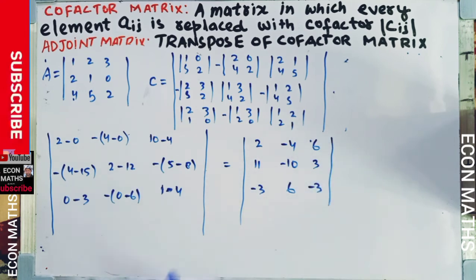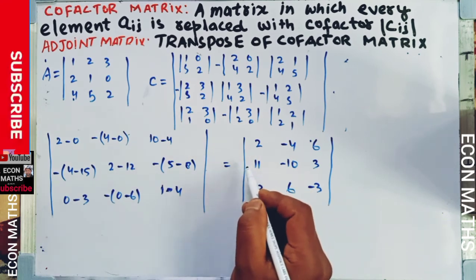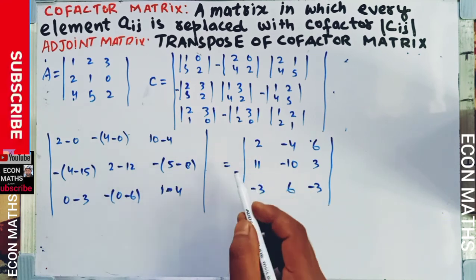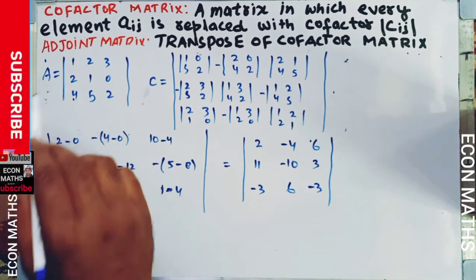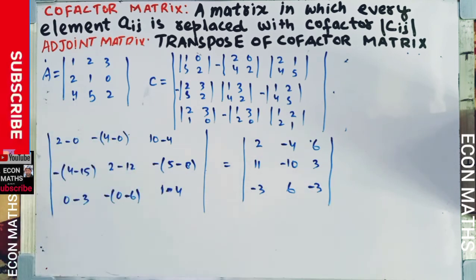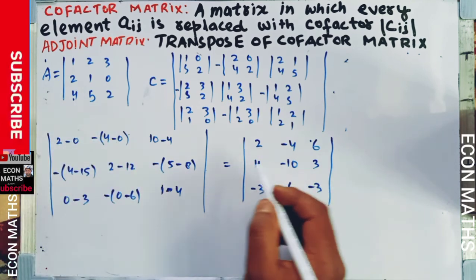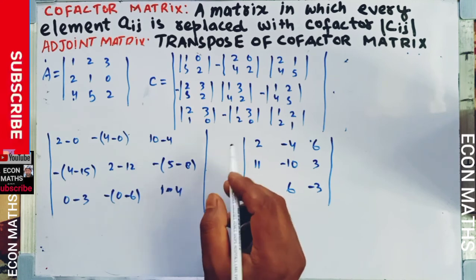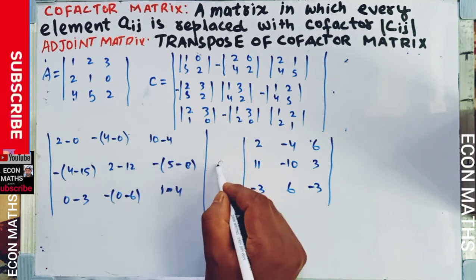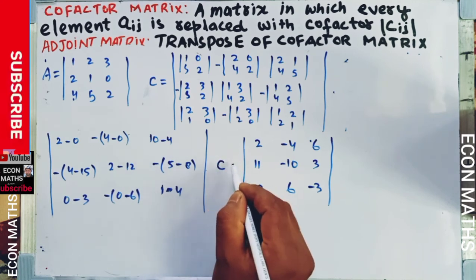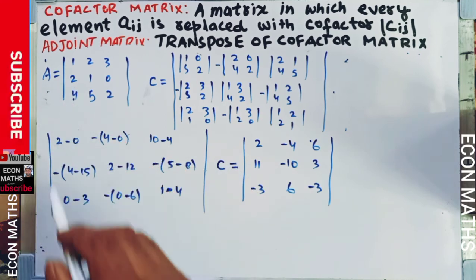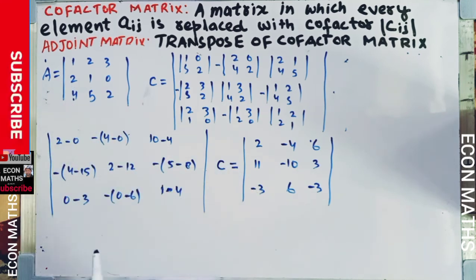So this is the cofactor matrix of the given matrix. Now I will write here, this is the cofactor matrix of the given matrix.